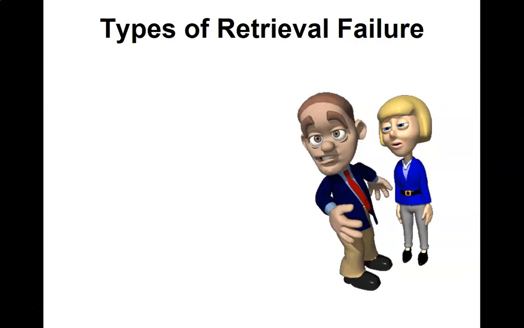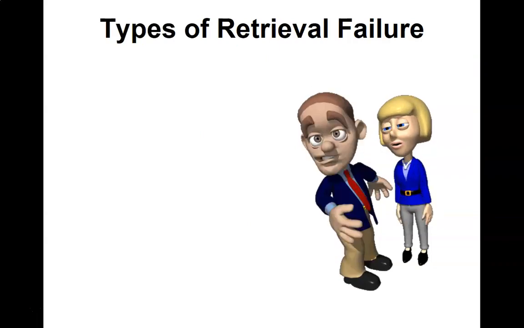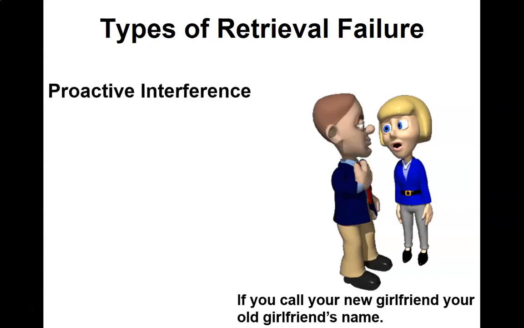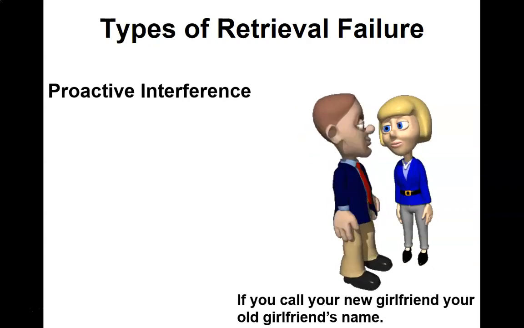All right, types of retrieval failure. Again, going along with proactive and retroactive interference. If you look at the graphic, assume that they're boyfriend, girlfriend, and if you call your new girlfriend your old girlfriend's name, old blocks new, proactive.